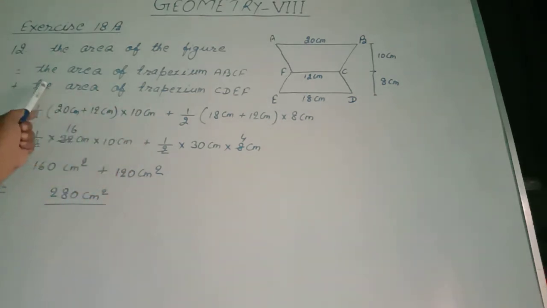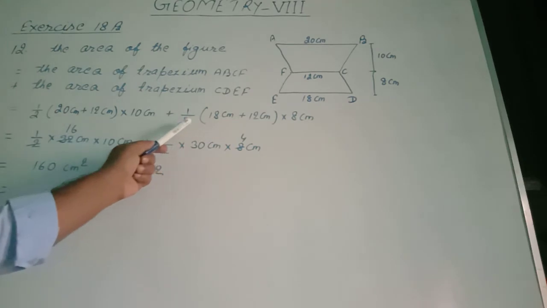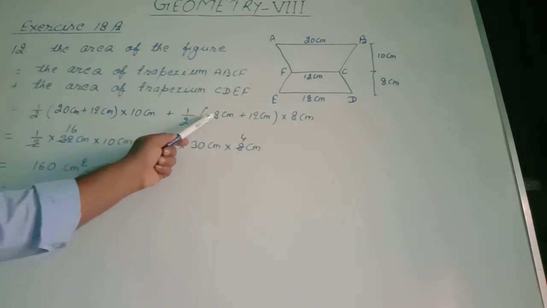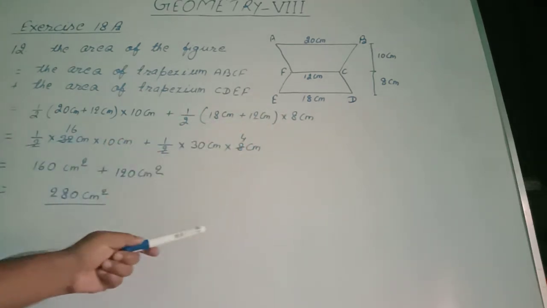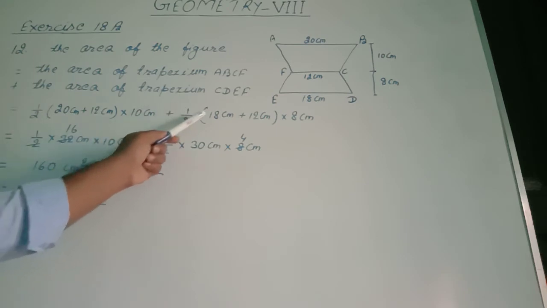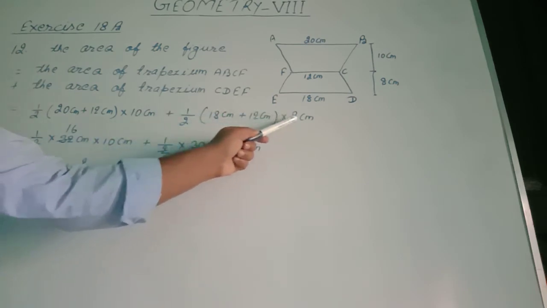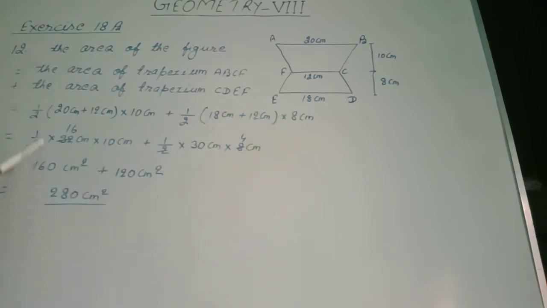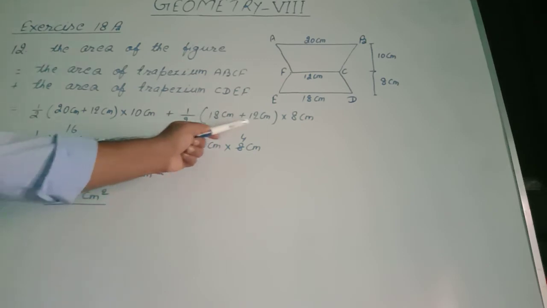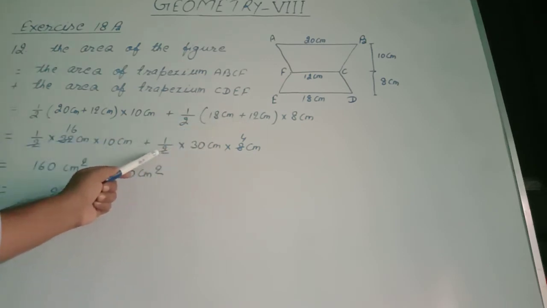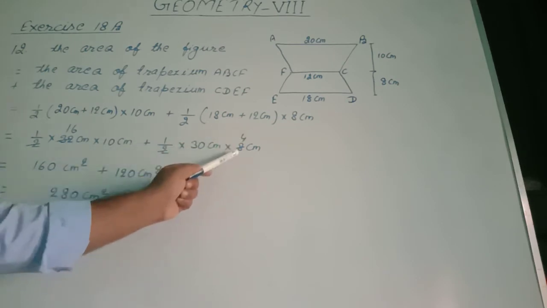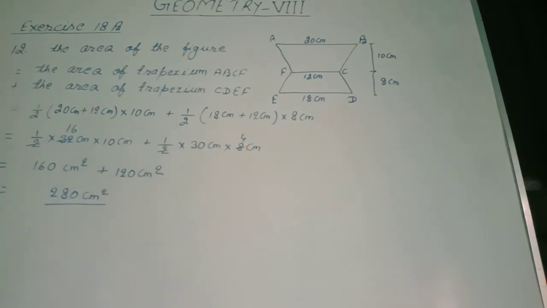plus the area of trapezium CDEF equal to half into sum of parallel sides into height, 1 by 2 into 18 cm plus 12 cm into 8 cm. This sum is 32 cm, so 2 16 are 32 cm, and this sum is 30 cm, so here 2 4 are 8 cm.